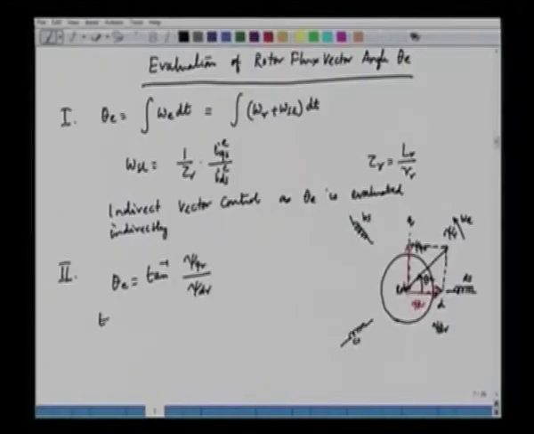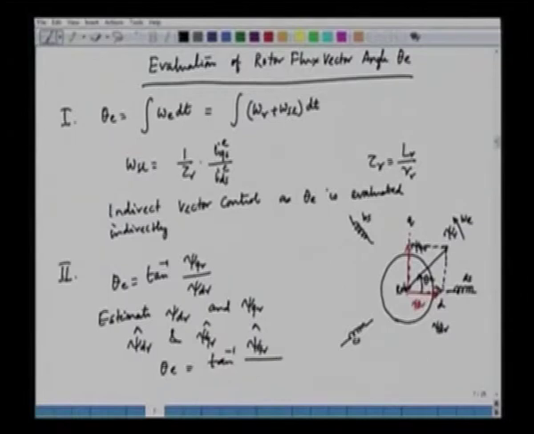So, what we can do is that we can estimate psi dr and psi QR, and the estimation of psi dr and psi QR can give us psi dr hat and psi QR hat, and then we can evaluate what is theta e from the estimate.